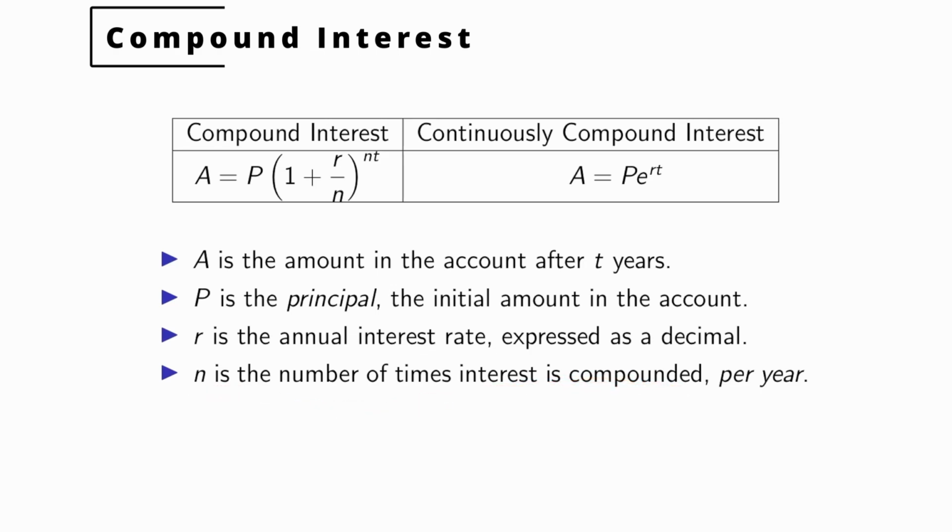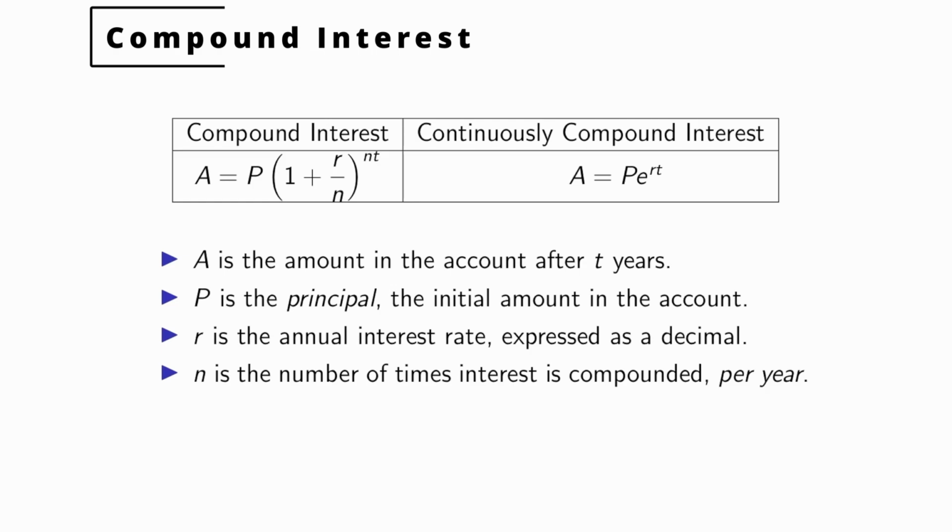So if you were to have your interest compounding monthly, that means that you would earn interest 12 times a year. Let's suppose, to make the calculation easier, the bank promised you a 12% interest rate compounded monthly.